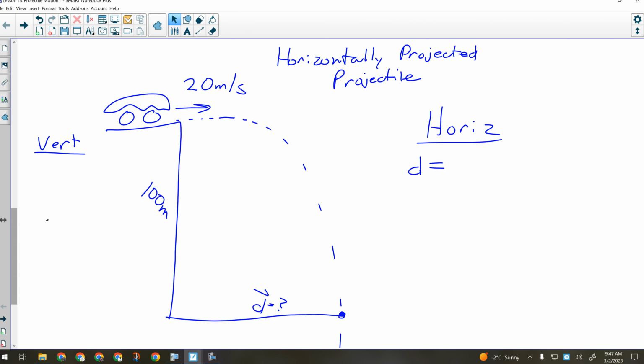That's how far the car travels horizontally. Okay? So I'm looking for the horizontal distance. I'm told that the car is moving horizontally at 20 meters per second.